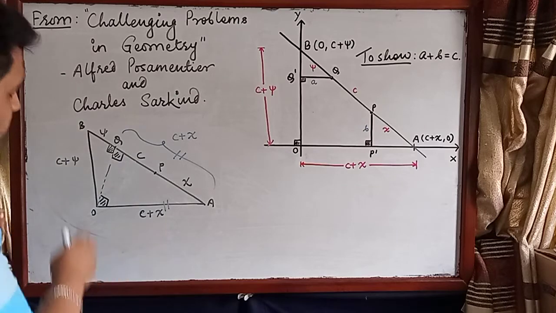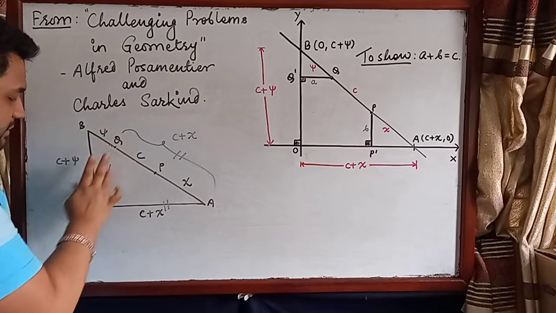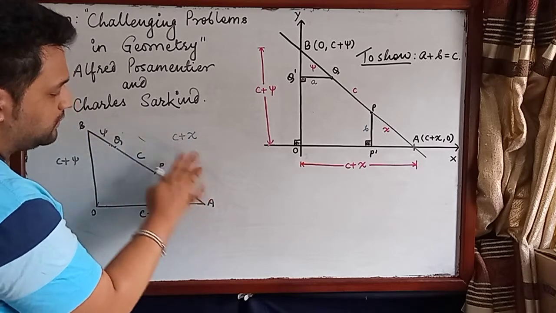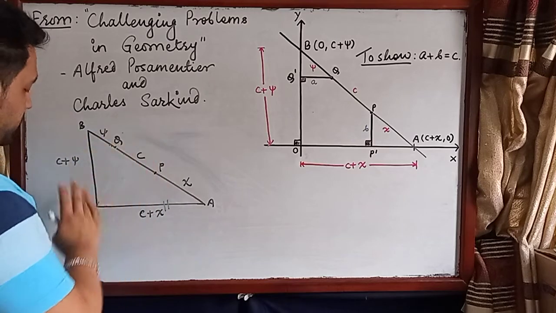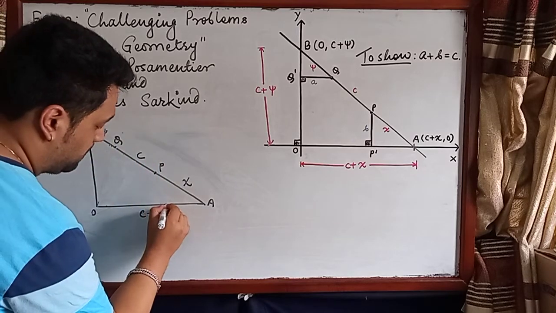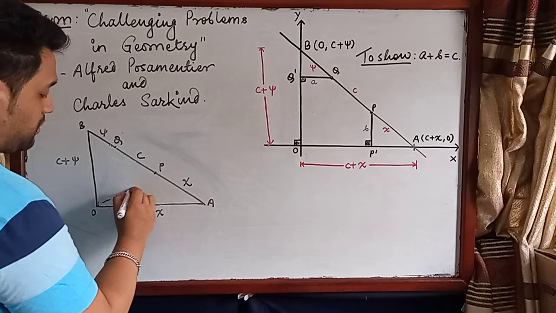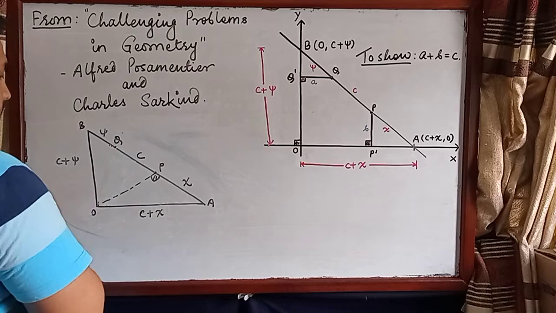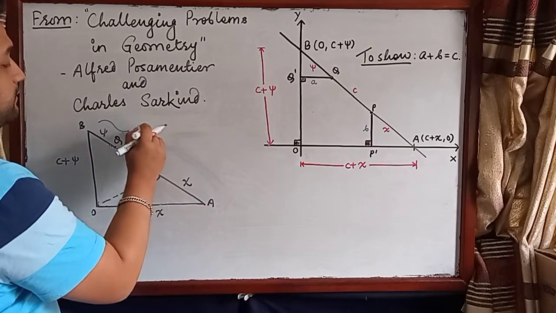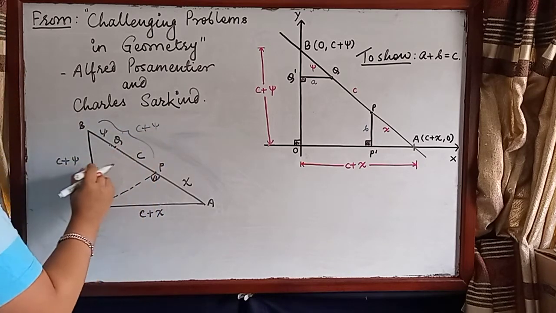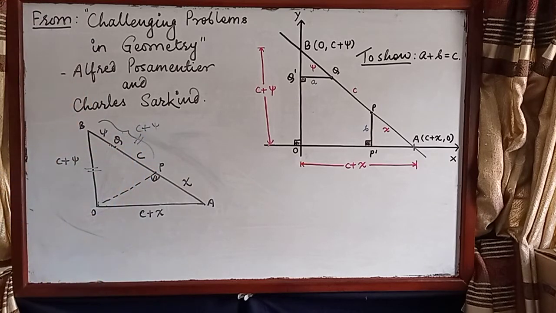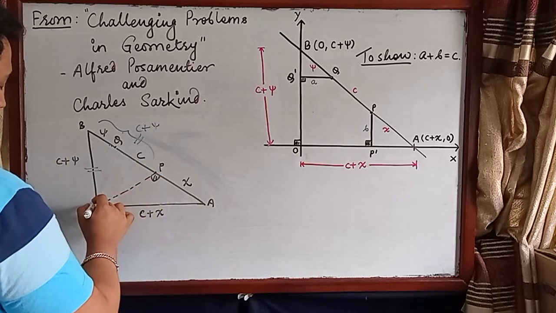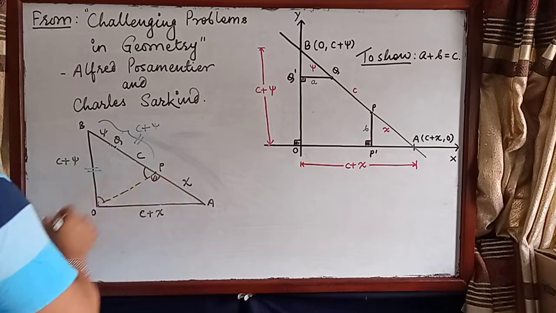Similarly, if we suppose that it passes through P, then this is c plus psi, this is c plus psi, so these two sides are equal, and as a result these two angles are equal.